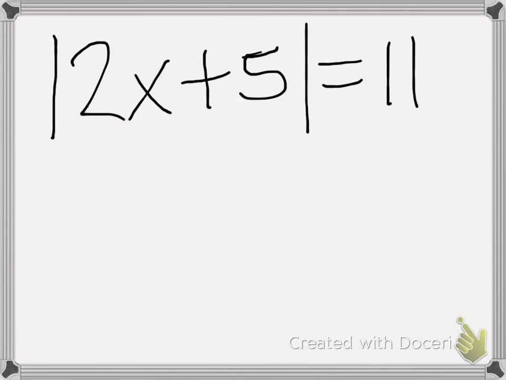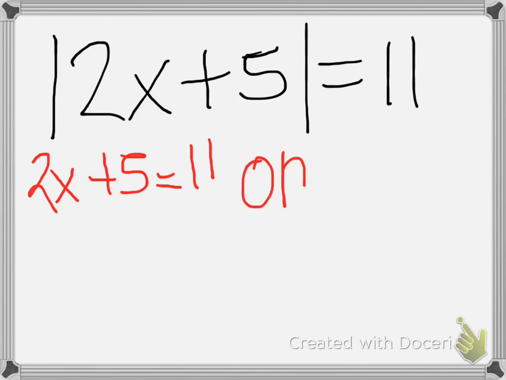Now what I'm going to do is use the definition of absolute value to write two equations. The first equation is going to be that 2x plus 5 is equal to 11, or that 2x plus 5 is equal to negative 11. Because remember, our x can be two different things.